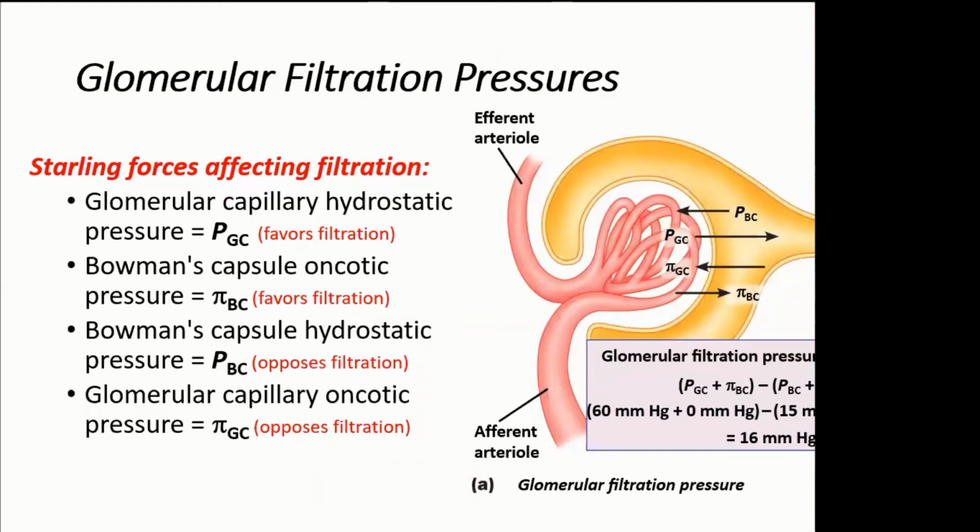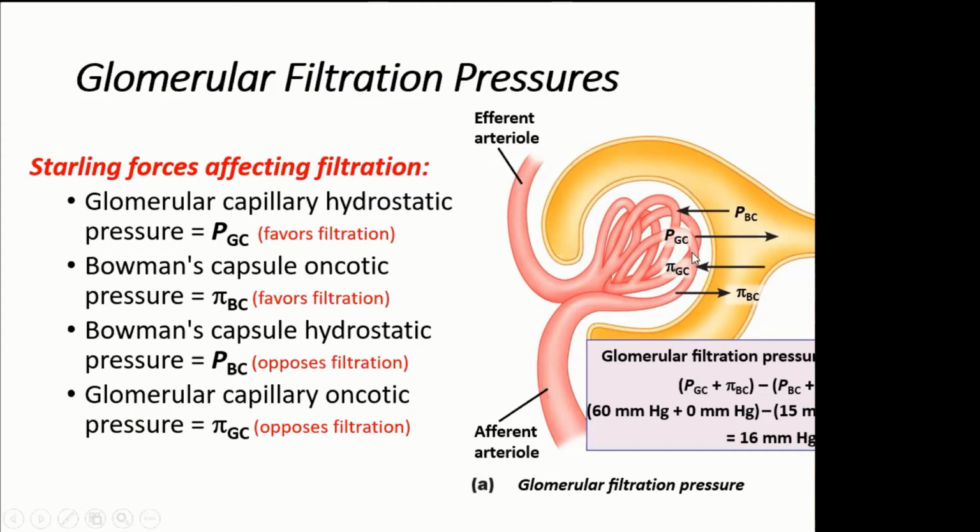So it's a similar setup, but the numbers are going to be different because we have slightly different pressures in the glomerulus and in the nephrons than in just your normal capillary. So we're going to be tracking our hydrostatic pressures and our oncotic pressures, just like with capillaries.